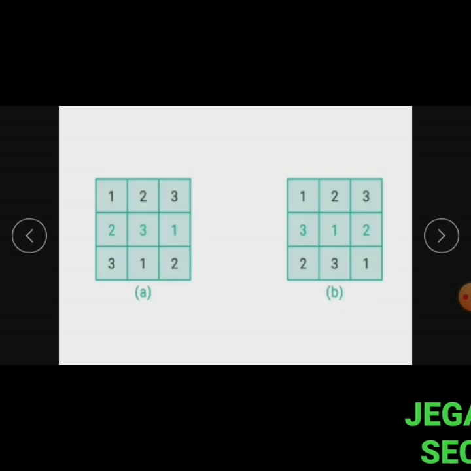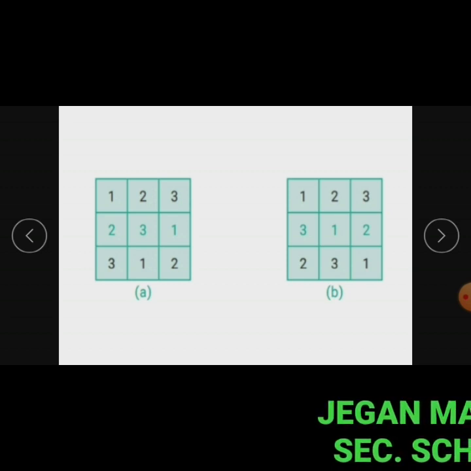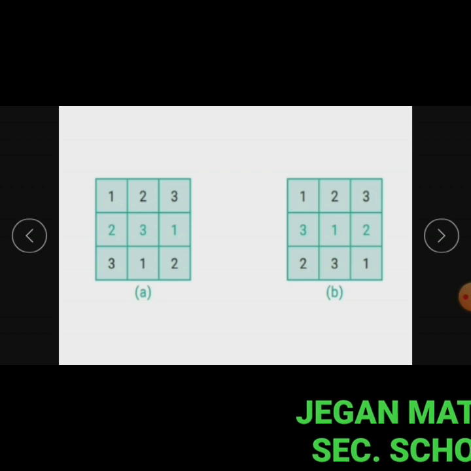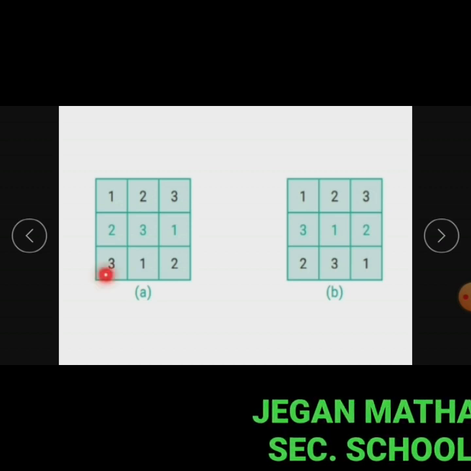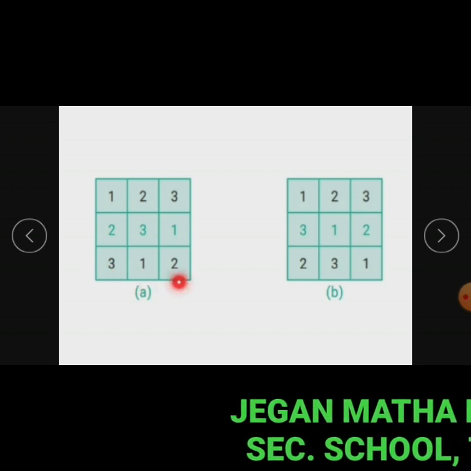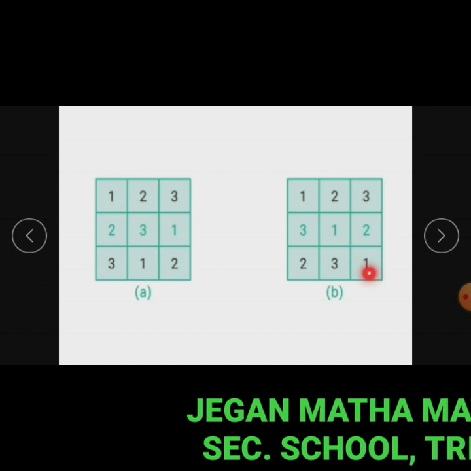The third row can be filled in only one way in each case. In A, the third row is filled 3, 1, 2. In B, 2, 3 and 1.